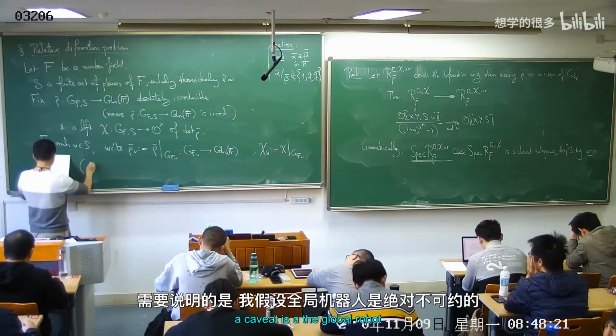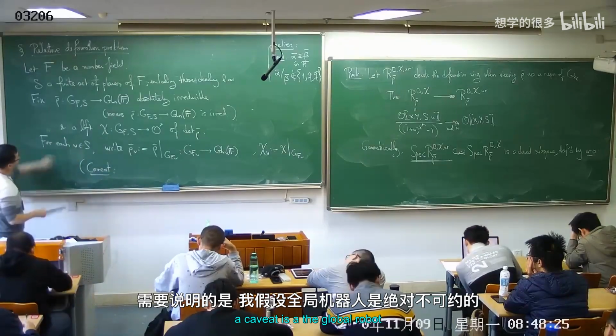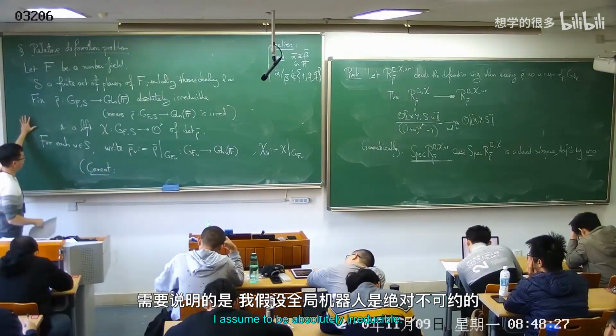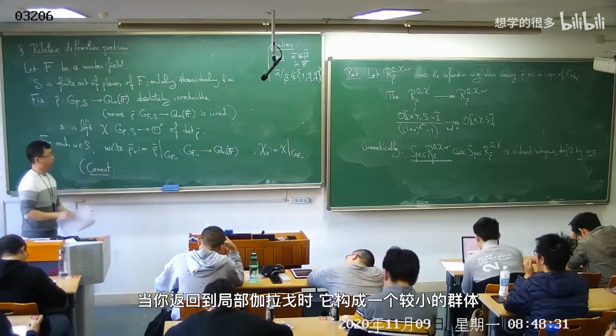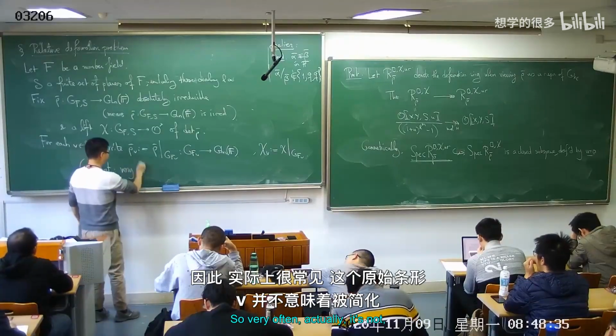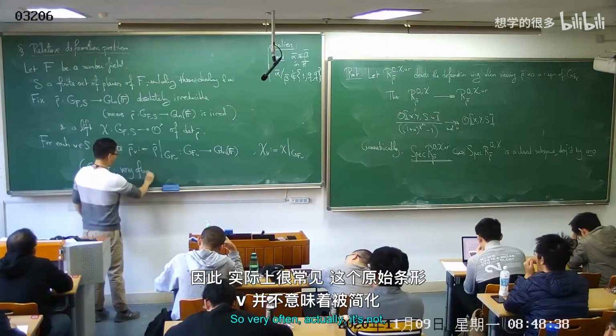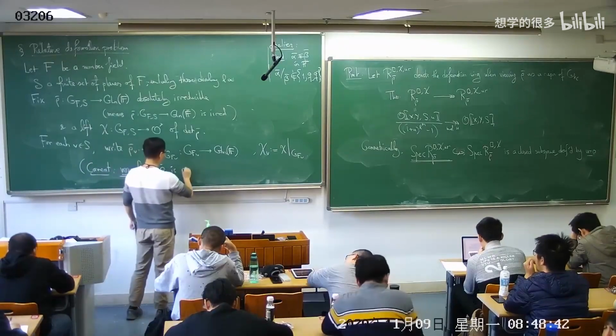Maybe a caveat is that the global rho bar I assume to be absolutely irreducible. But the local one, when you restrict to the local Galois group, which is a smaller group, very often this rho bar_v is reducible.